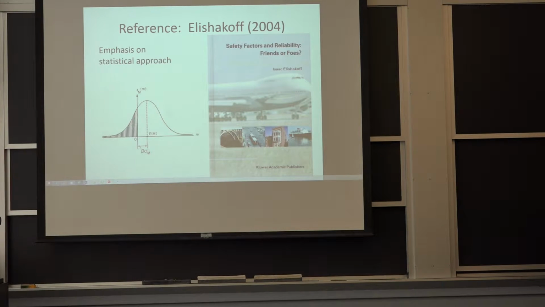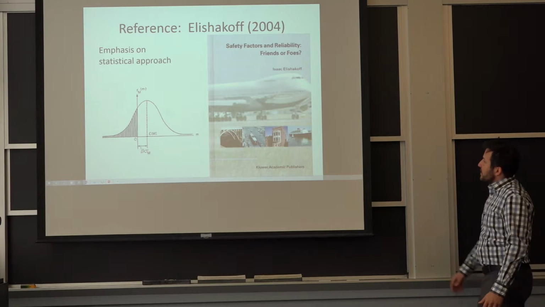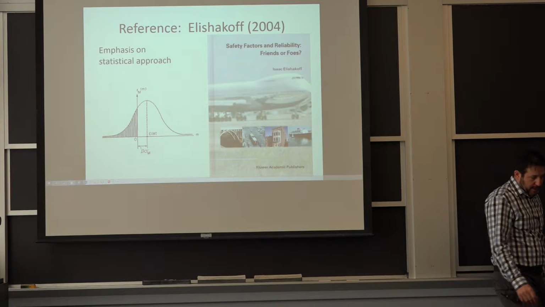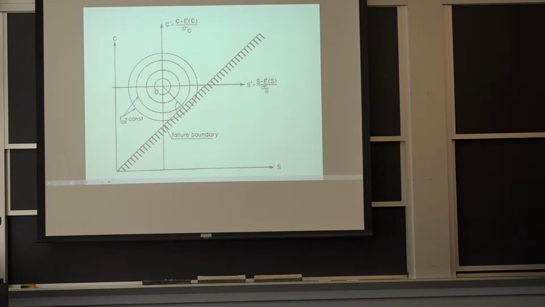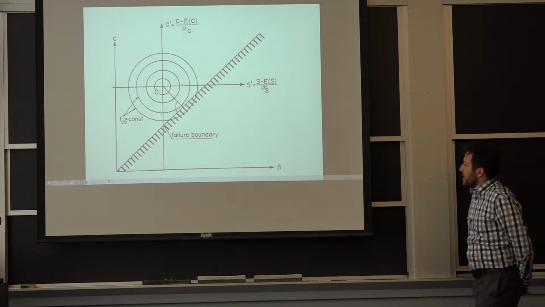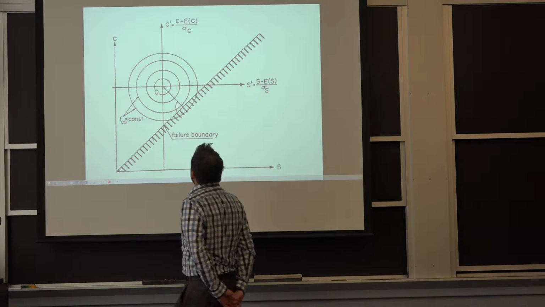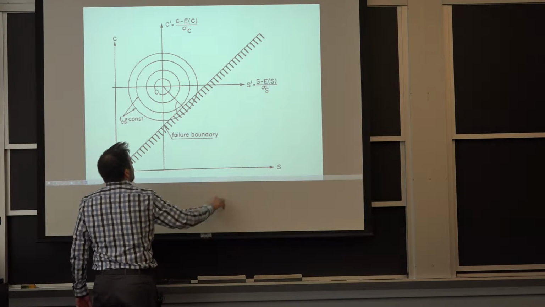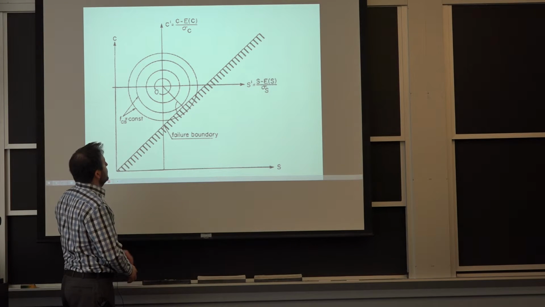We will talk now a little bit more about the statistical significance of the factor of safety. There's a good, very detailed book on statistics that I'm referring to here. It's not as practical as what I want you to get out of it in the limited time we have. So here we have the capacity of the material, and we have the overall demand that it's subjected to in this failure boundary.